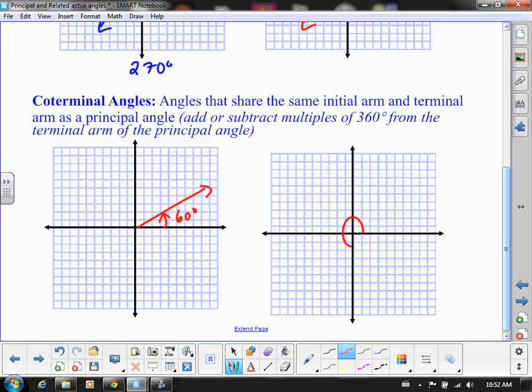I'm doing one full rotation to get 360, and then I'm going to go an extra 60. So this angle would be 420, since we have 360 plus that initial 60 degrees. As long as you have an angle, you can always find a coterminal angle by adding 360 or subtracting 360, depending on the direction that you want to go in.